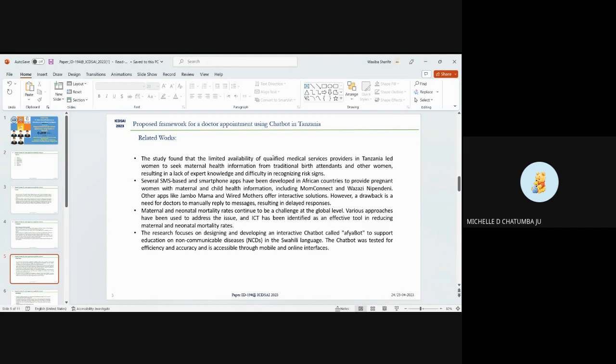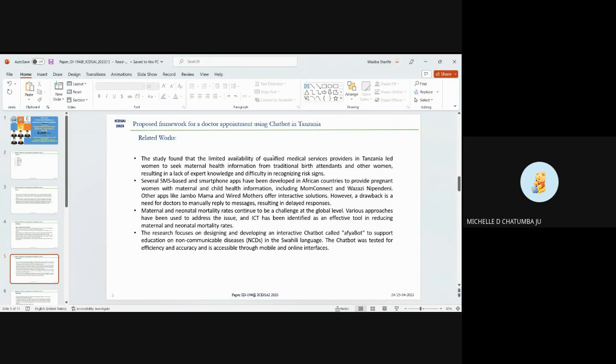The study found that most women preferred to get information about maternal health care from qualified medical service providers. However, the limited availability of these providers led many women to seek information from traditional birth attendants and other women in their societies.